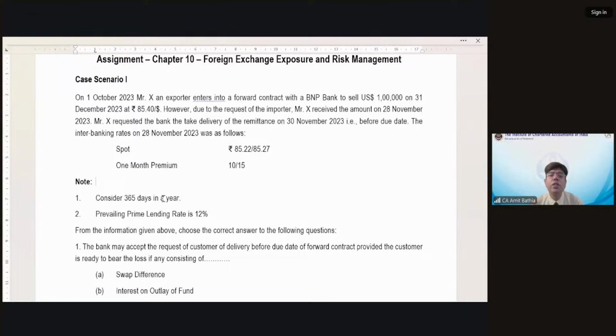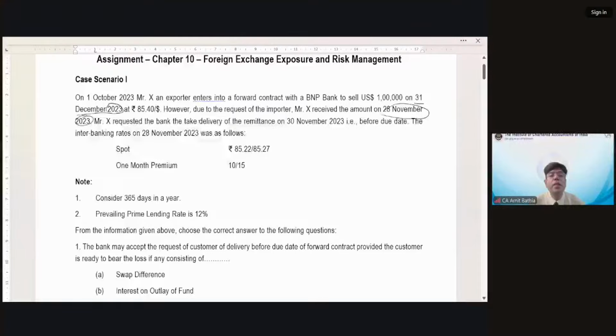However, due to the request of the importer, Mr. X received the amount on 28 November 2023. Please note the dates. The forward contract was for which date? Was for 31st December 2023. However, 28th November 2023. So this is a case of early delivery, right?